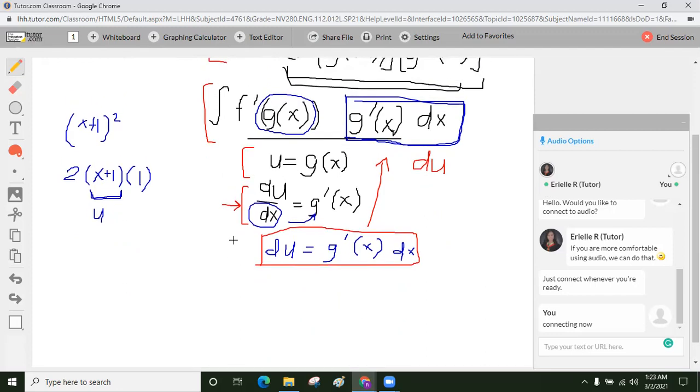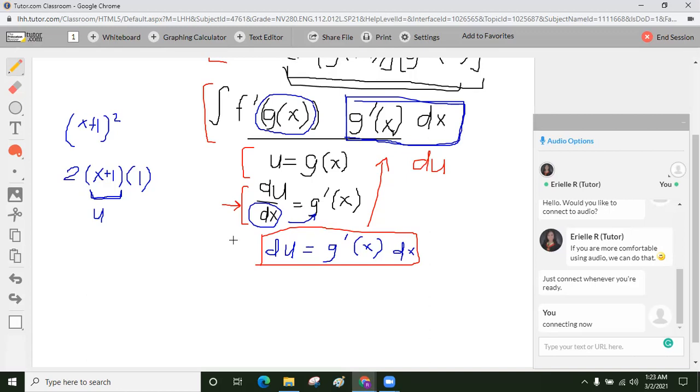So you're taking dx to the other side because we need to replace the derivative of your inner function and the differential dx with a single differential du. Okay, I understand.